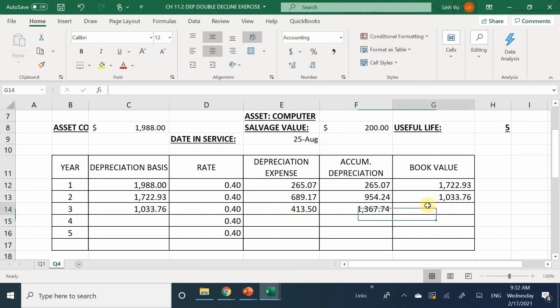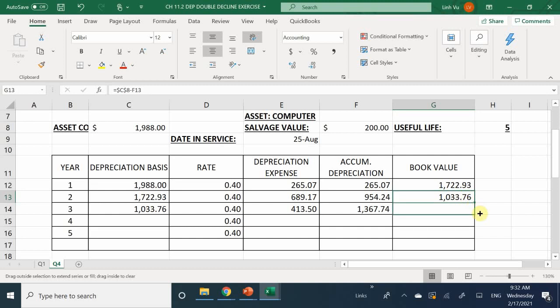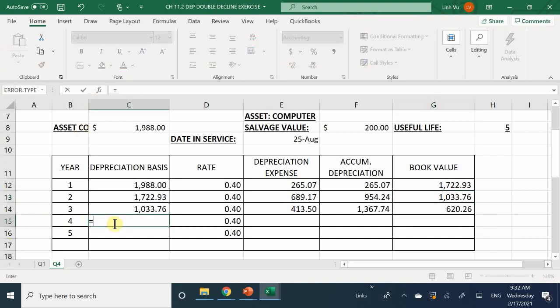Okay, and what is my book value going to be? 620.26.